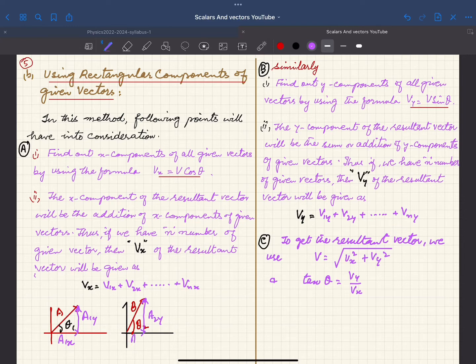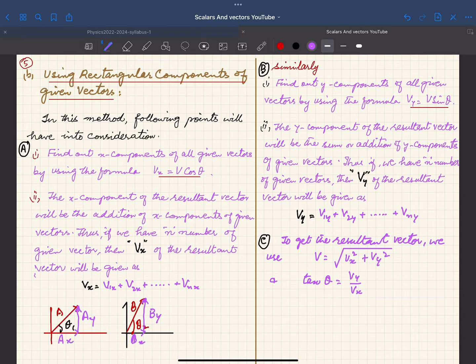Here you can write simply b instead of a, so this is your bx and by. Even here you can write simply ay and ax instead of a1, as we are considering a and b. So these are the two situations.